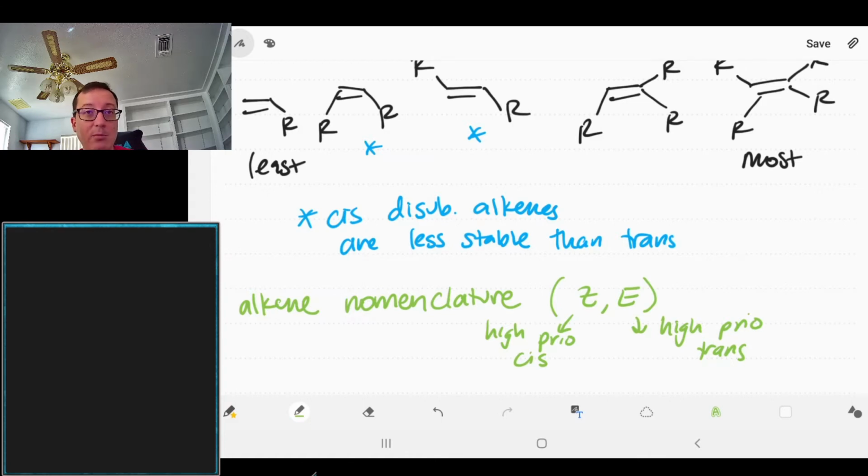So the high priority groups, by atomic number, if they're trans to each other, that's an E alkene for Entgegen. And if your highest priority groups on each side are cis to each other, then it's a Zusammen, a Z alkene.